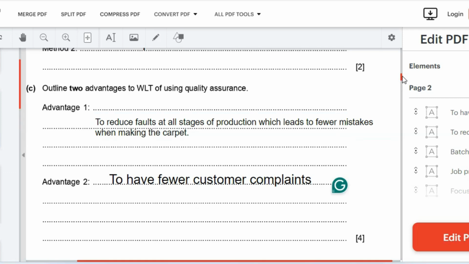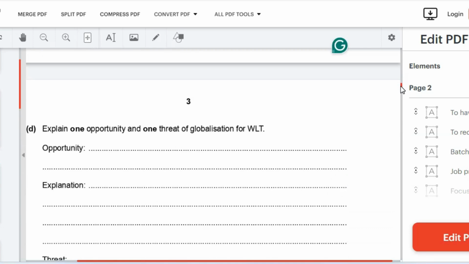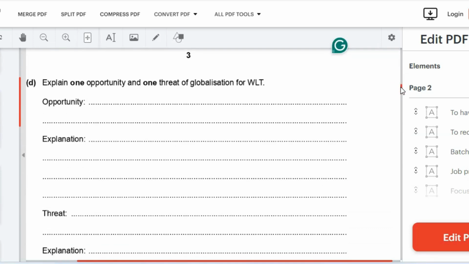We have question 1D. Explain one opportunity and one threat of globalization for WLT. Now, what do you think can be an opportunity to WLT? Of course, they will have an increase in their sales.